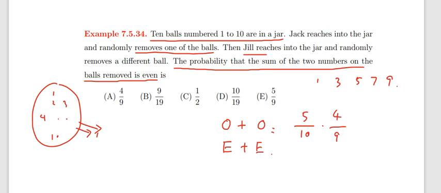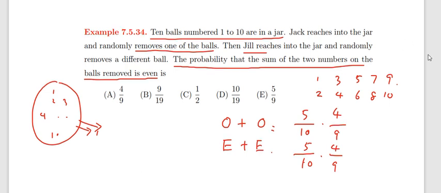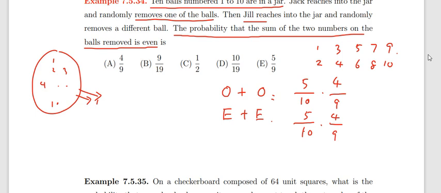Then for the even case, the first number is even, 5 ways: 2, 4, 6, 8, 10. Then the second one is another even, 4 ways. So the answer is this plus this. We find these 2 are the same. So this is equal to 5 over 10 times 4 over 9, multiplied by 2, right?